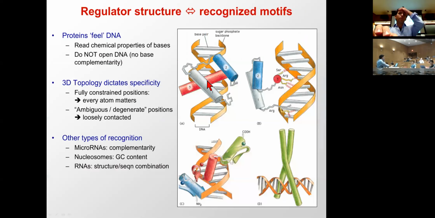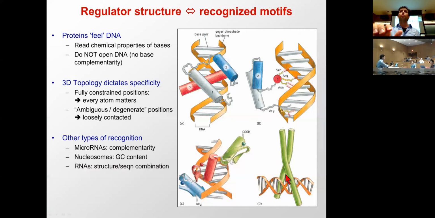And then these are different types of structures for how they bind. They can bind within the major groove. They can bind across different regions, across different sides of the helix. They can bind very often. When you get binding as a homodimer, for example, GAL4 is a homodimer, one arm contacts CGG on one side of the helix, and the other arm contacts CGG on the other side of the helix.